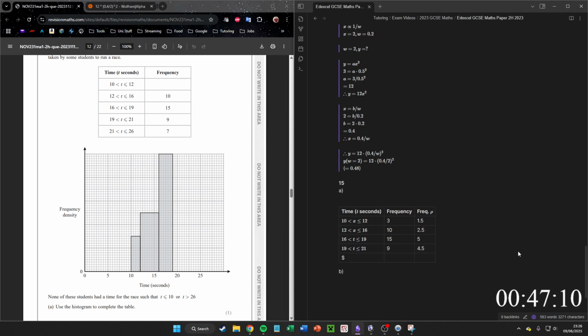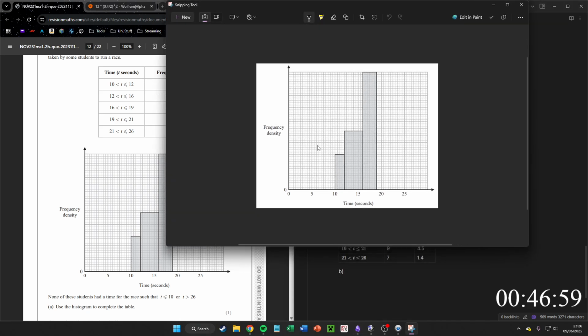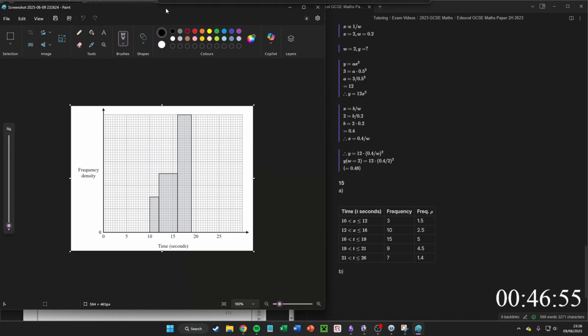And then finally 21 less than t less than or equal to 26. So it's a class width of 5, frequency of 7, frequency density of 1.4. So I can now use this to fill in the histogram.